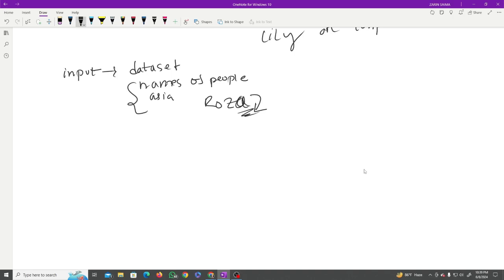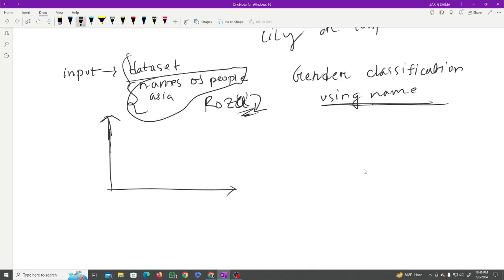Suppose you have given a lot of data. You might have different features: whether the name ends with A or not, and the number of letters.